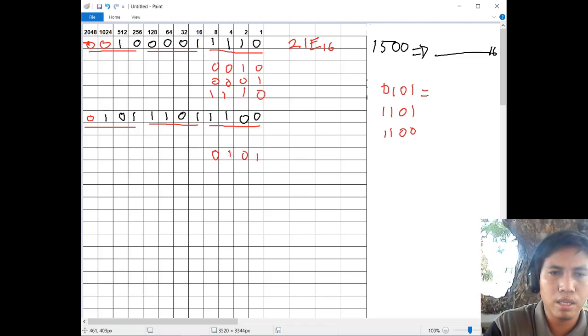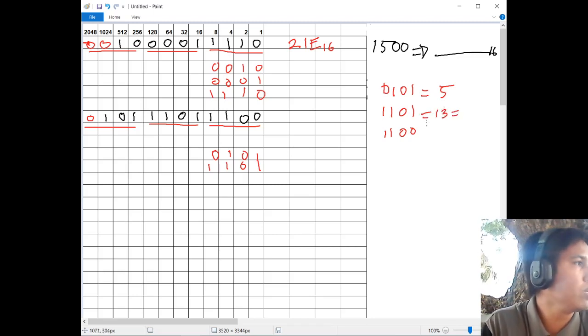You just add the powers of 2 with 1 under it. So that is 4 plus 1. That would be 5. Then we have 1, 1, 0, 1. So that is 1 plus 4 plus 8. So that would be 13.